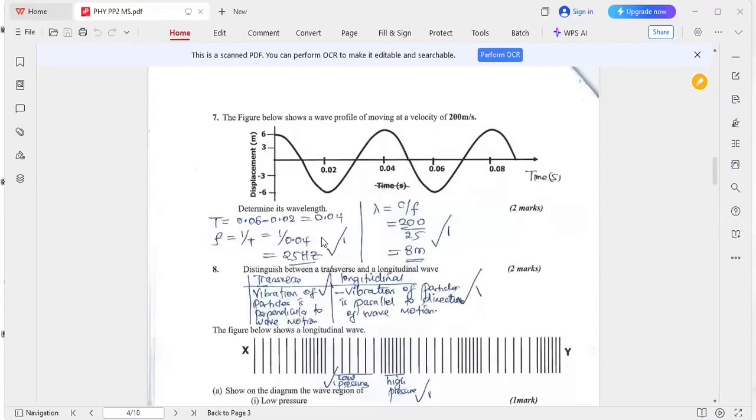So the distance between two successive crests or troughs will now be 8 meters.